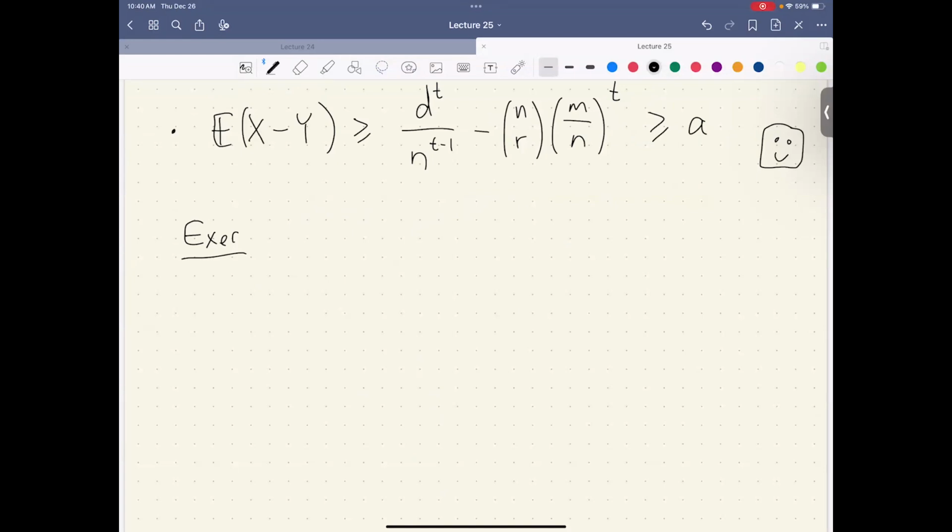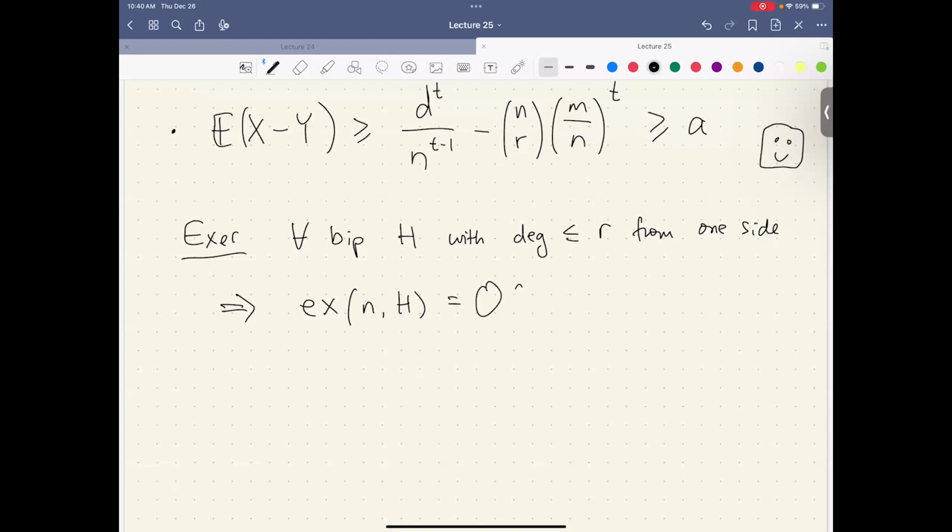The first exercise is to use dependent random choice to get the upper bound on the extremal number of bipartite graphs. For any bipartite graph H with degree at most r from one side of the bipartition, prove that the extremal number of such a bipartite graph is big O of n to the 2 minus 1 over r. This is a result of Füredi, and later Alon, Krivelevich and Sudakov used dependent random choice to give a shorter proof.